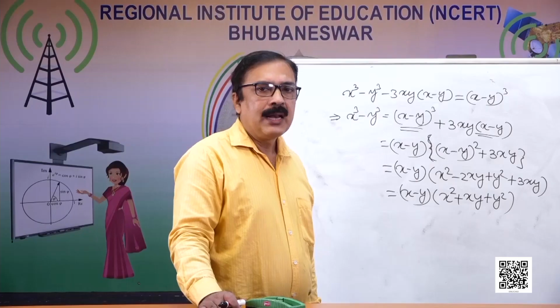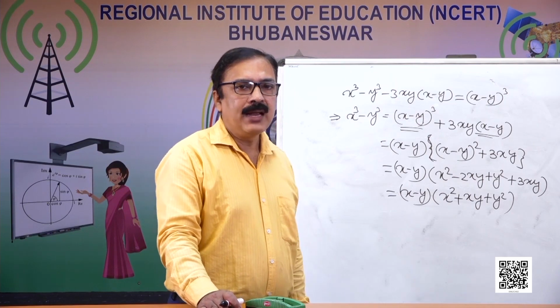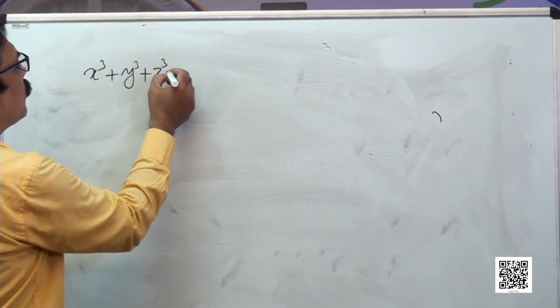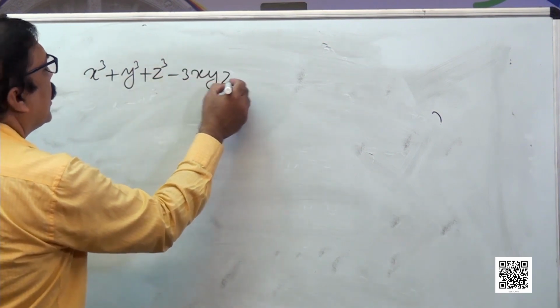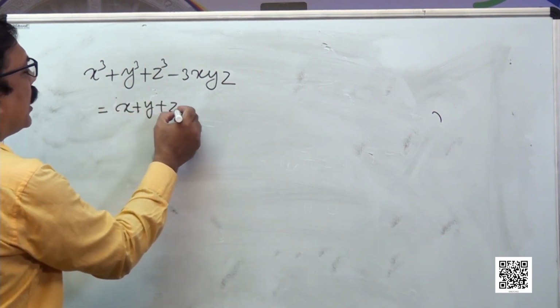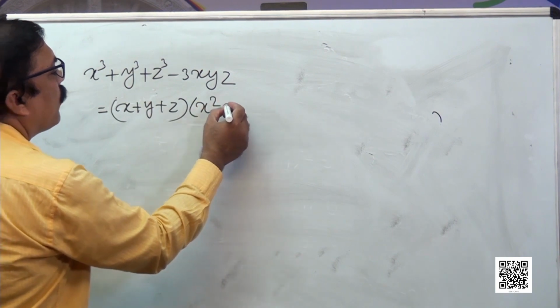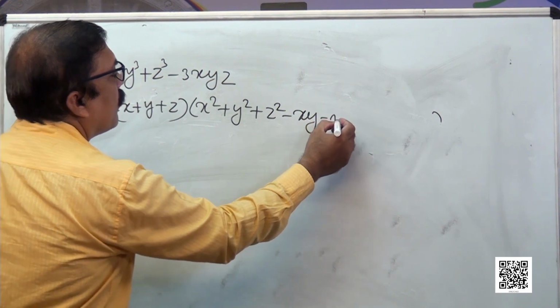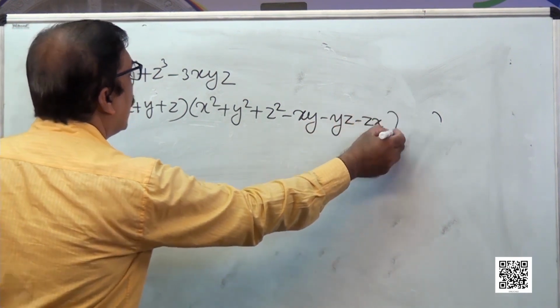Now see, x cube plus y cube plus z cube minus 3xyz. This can be again written in another form. This is simply x plus y plus z into x square plus y square plus z square minus xy minus yz minus zx.